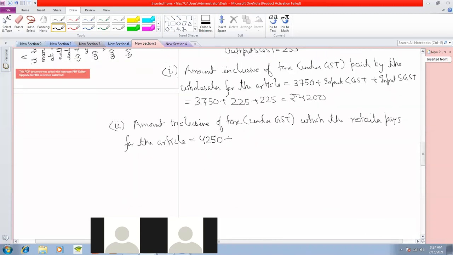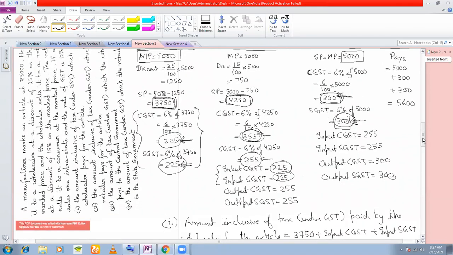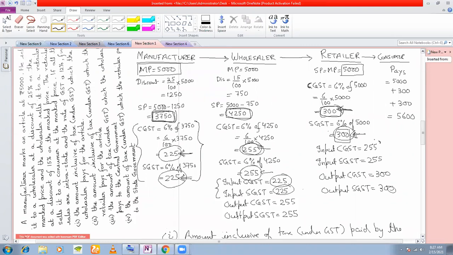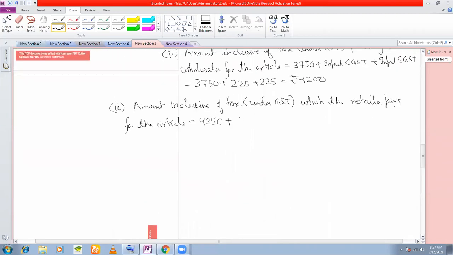4,250. Plus what else is he paying? He is paying his input GST. How much is the retailer's input GST? 255 as CGST and 255 as SGST. So plus his input CGST plus his input SGST.